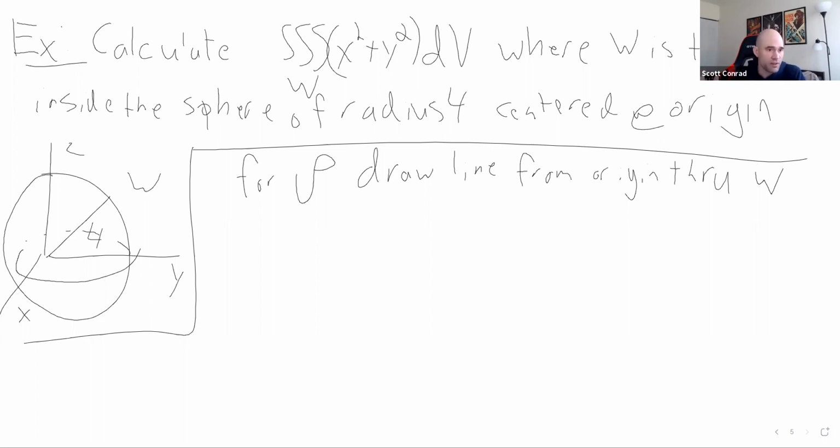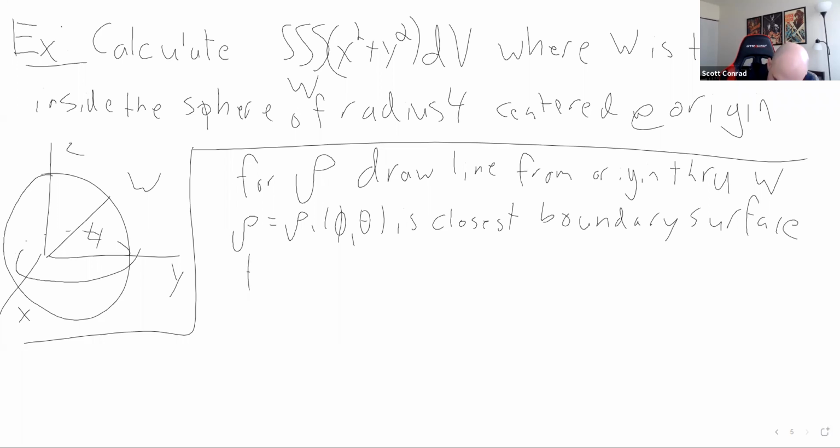We write that as rho equals something. Right, so the lower bound for rho is the closest boundary surface. The upper bound is the furthest. So rho equals rho 2 of phi and theta is the outer bound.